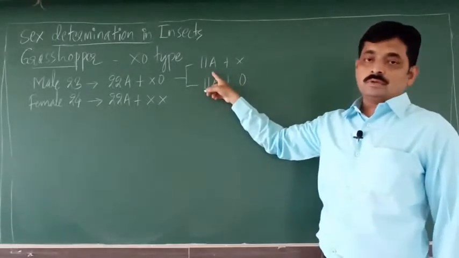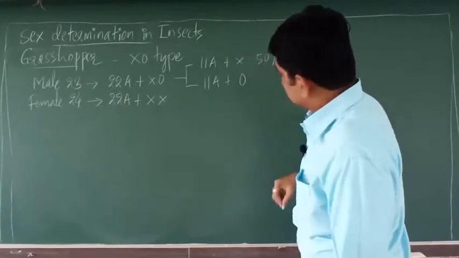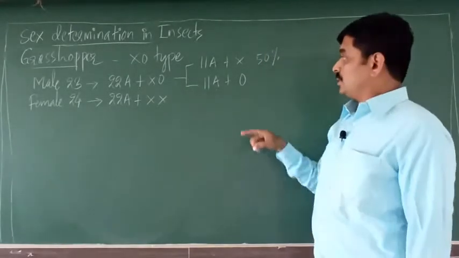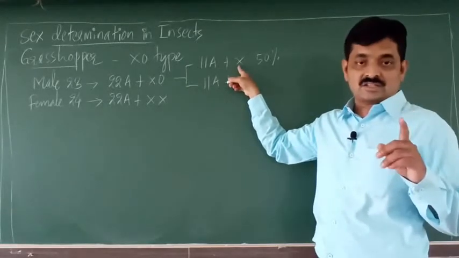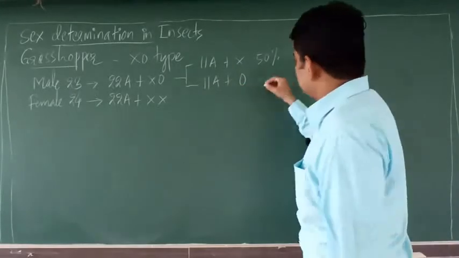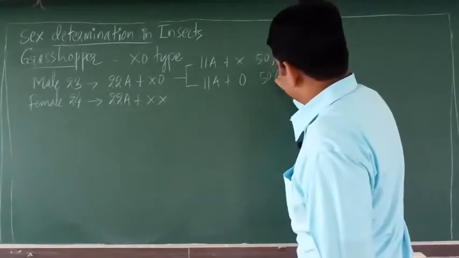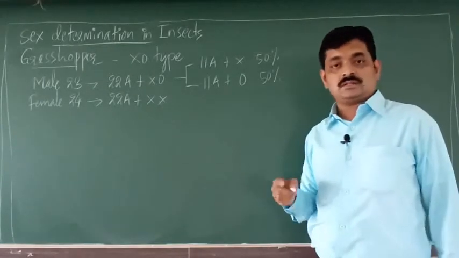So 50% sperms will have one X chromosome, that is a sex chromosome. Another 50% sperms doesn't contain a sex chromosome.